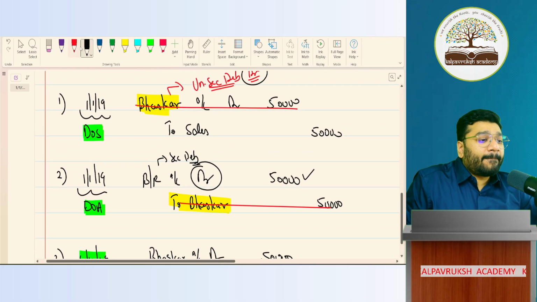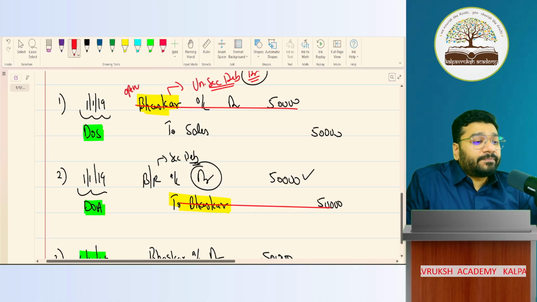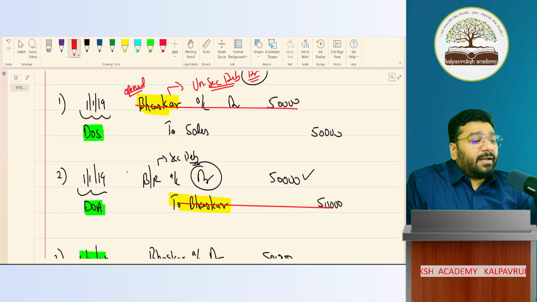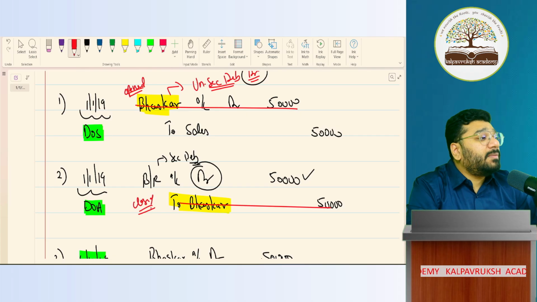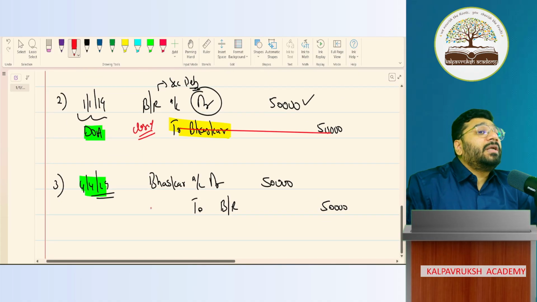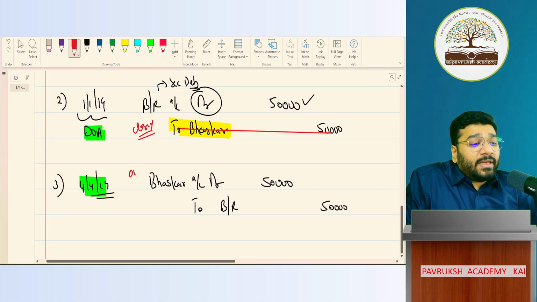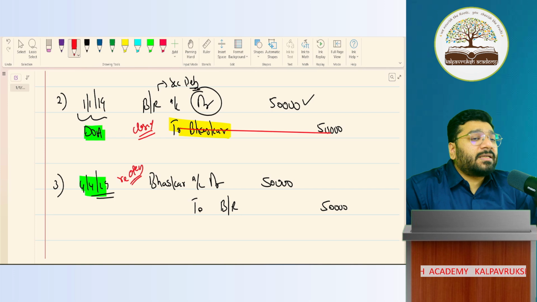So here, you opened Bhaskar's account. In the second transaction, you closed Bhaskar's account. So Bhaskar account's ledger balance is 0. But again, upon dishonourment, we have to reopen. It is not open, it is reopen Bhaskar's account. Got it, not got it?